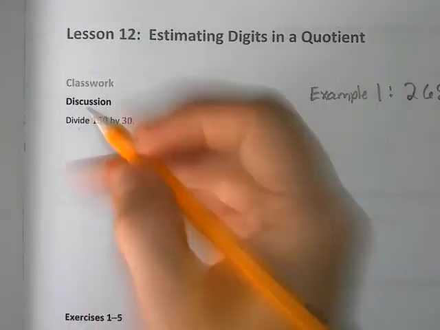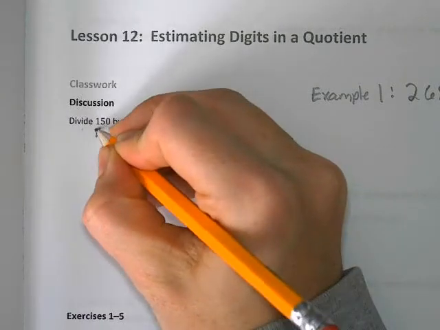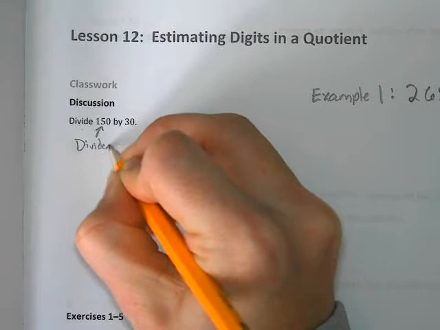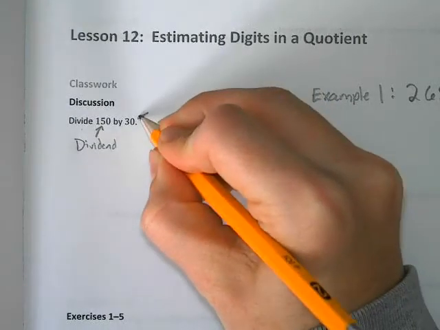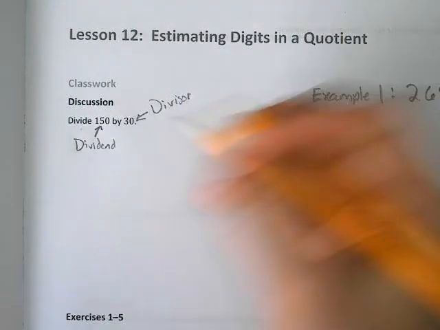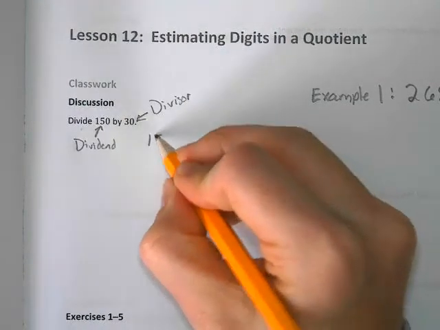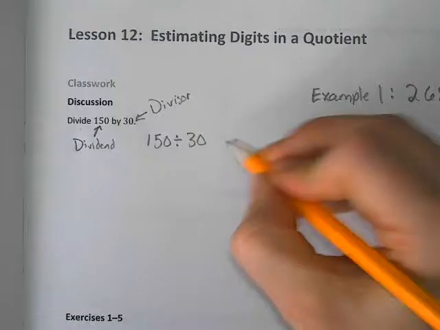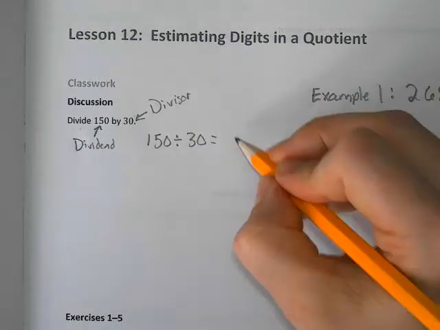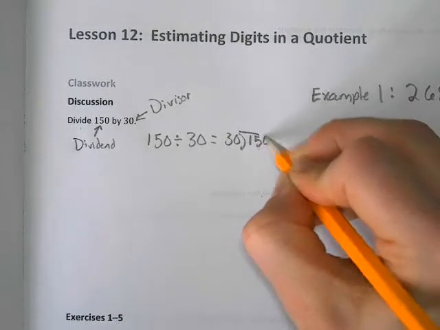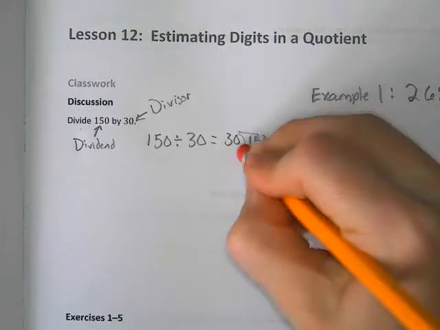So dividing 150 by 30, that means that 150 is my dividend. 30 is my divisor, which means it's 150 divided by 30, which is the same as writing it like that.